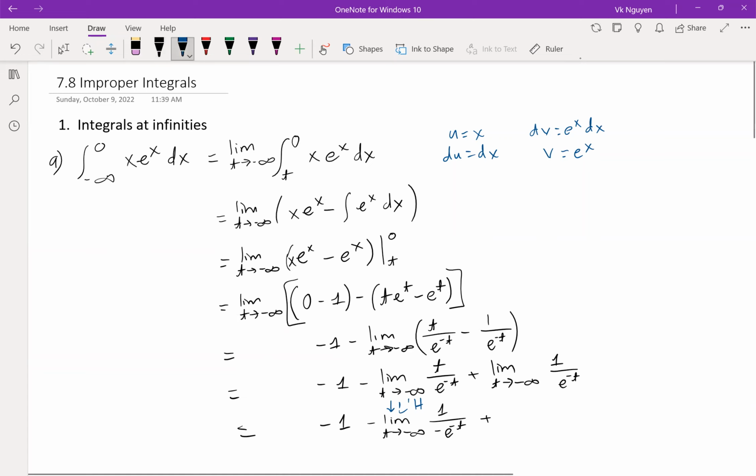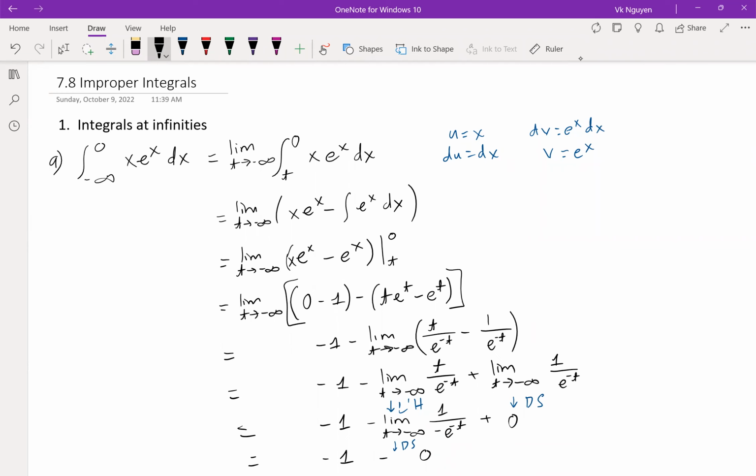Plus, for the second part, this is just a direct sub here. 1 divided by a number getting bigger and bigger is 0. Negative 1. Notice that the bottom is getting bigger and bigger and bigger, so just by doing the direct sub, we get 0.